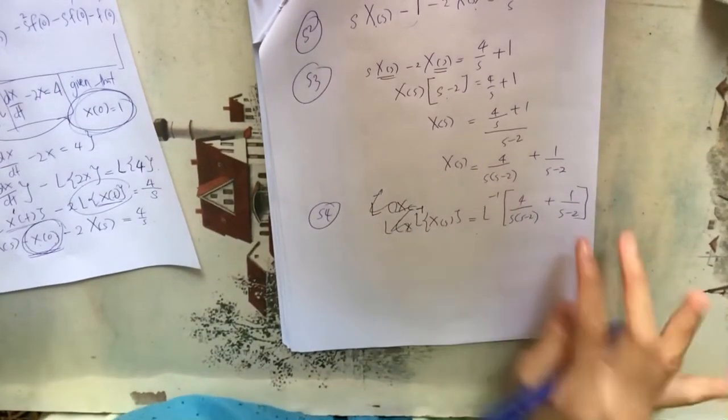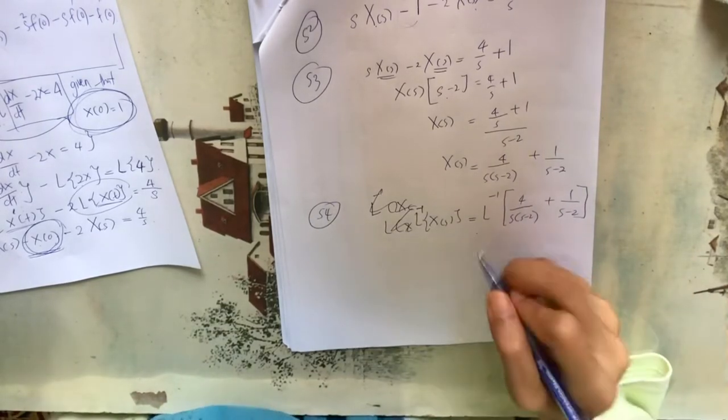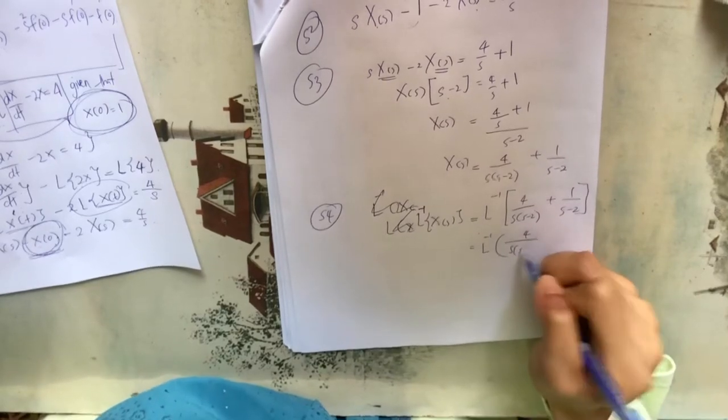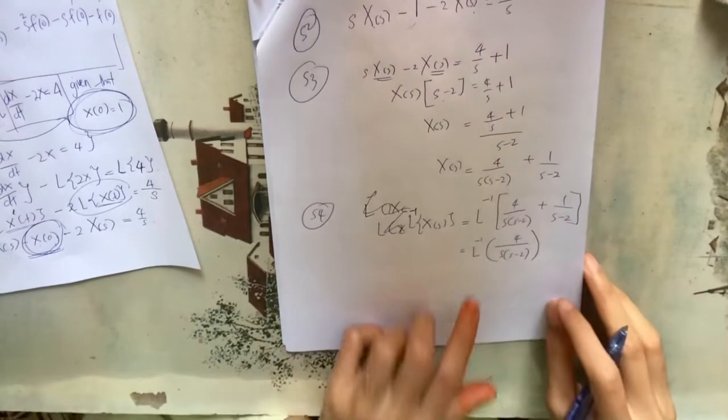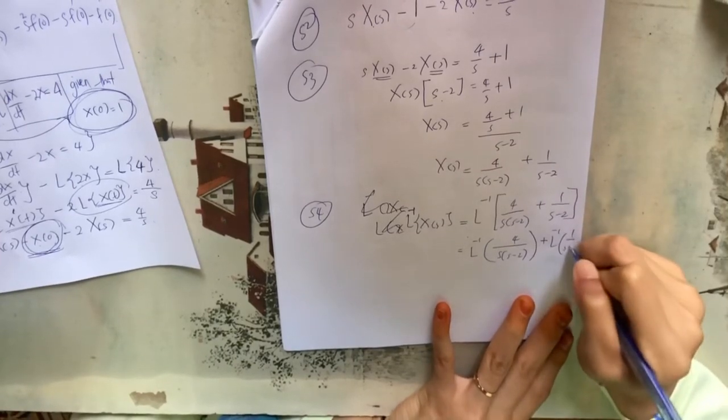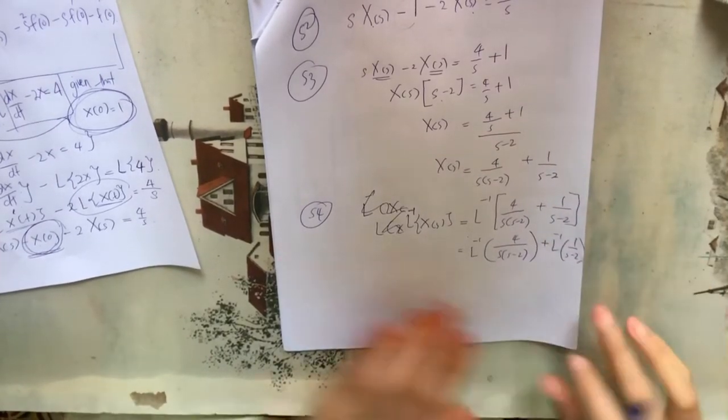You need to find out the inverse of these two, so we break it one by one. So this is the first inverse that you need to find out. The second inverse is 1 over S minus 2.